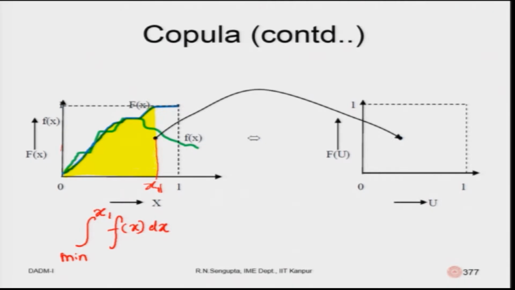So, this is the case, and that would be mapped onto the uniform continuous case. So, if you want to map it, the continuous f of u du, from, remember, the standardized uniform continuous case is between 0 and 1. So, the minimum value is 0, and this is the small value u1 which I want to have.